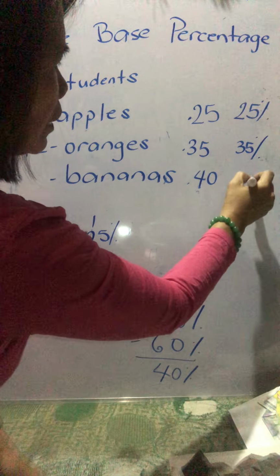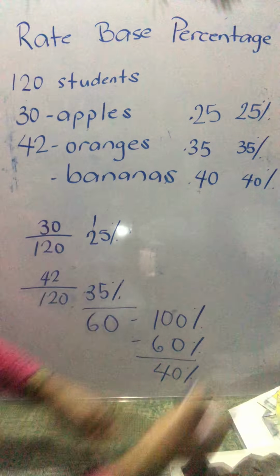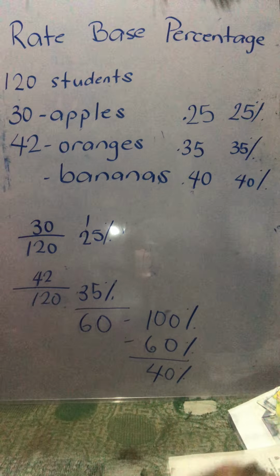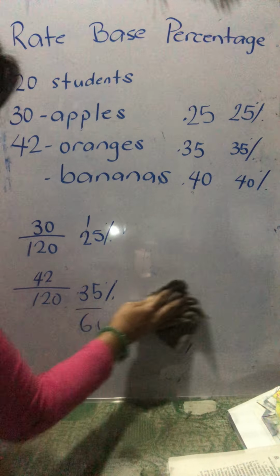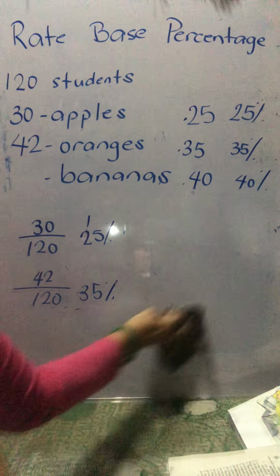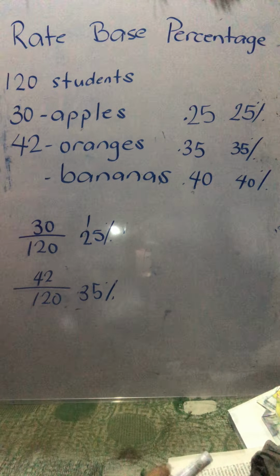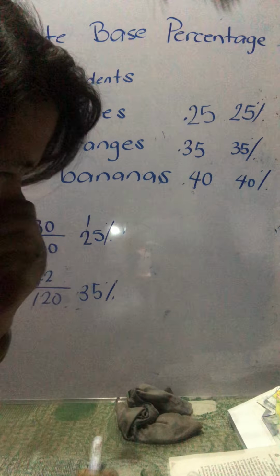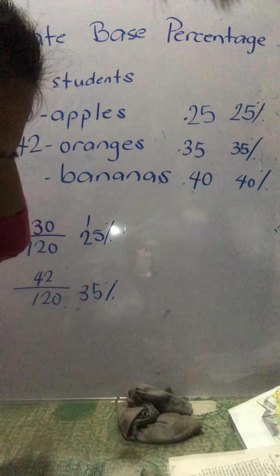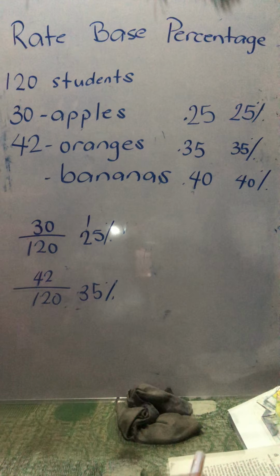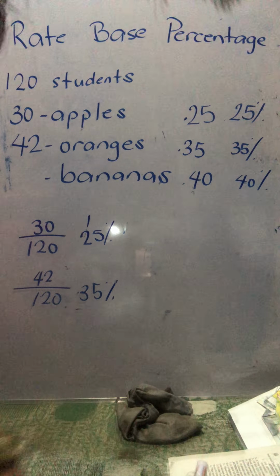Okay? Kaya, hinulaan pa lang natin. We just guess it. Okay? Now, for you to be able to confirm, ang tanong niya is, what percent of the grade 6 pupils prefer bananas?